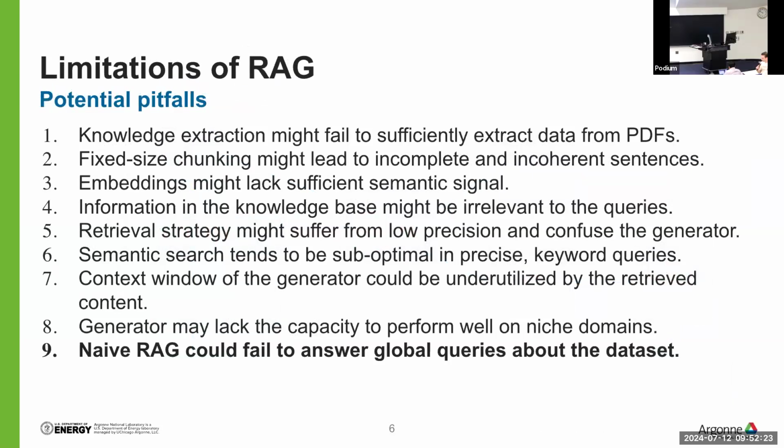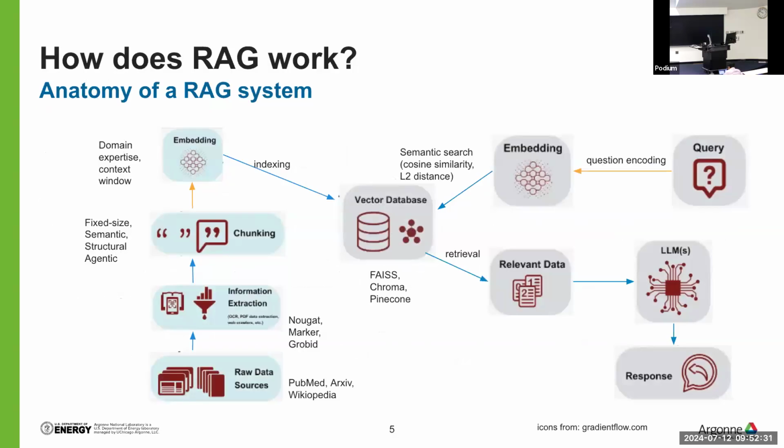Just a quick question here. Go ahead. Yeah, could you go back a slide? So in terms of retrieving the top k most relevant data, how do you make sure that it doesn't just get from the same document, that you're getting a diversity of responses or perspectives on a thing?